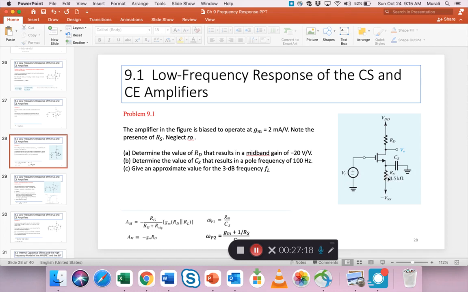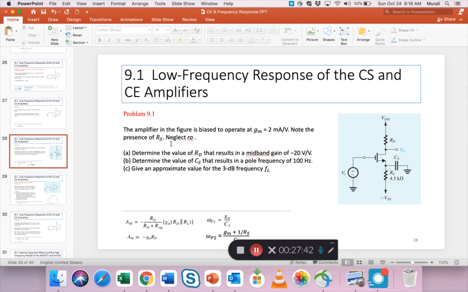So there's a source emitter here. Of course, it's bypassed because the source emitter is only useful for biasing, and we don't want it to play any role in the small signal business or the small signal amplification. Okay, so note the presence of RS.